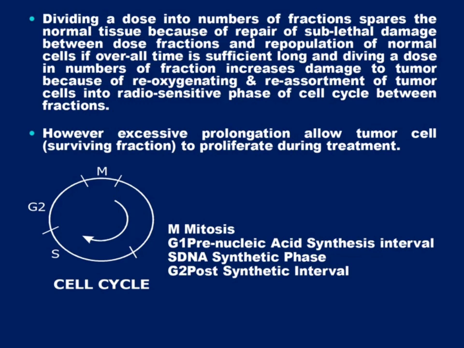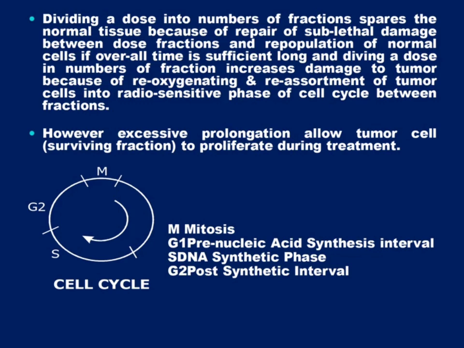In a tumor, all the cells are not in a single phase of the cell cycle. Some are in the G2 phase, some in M, some in the S phase and G1 phase.